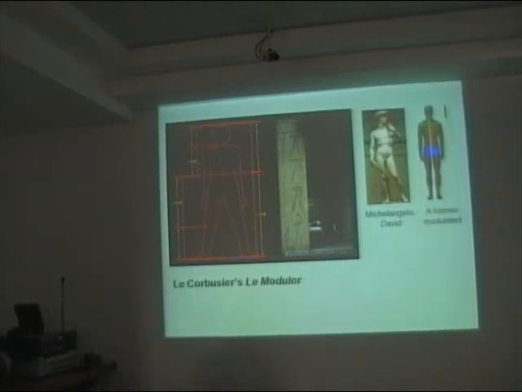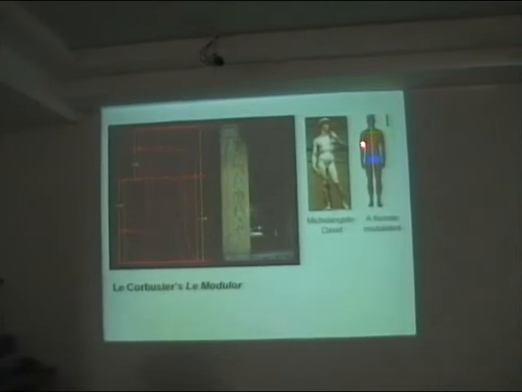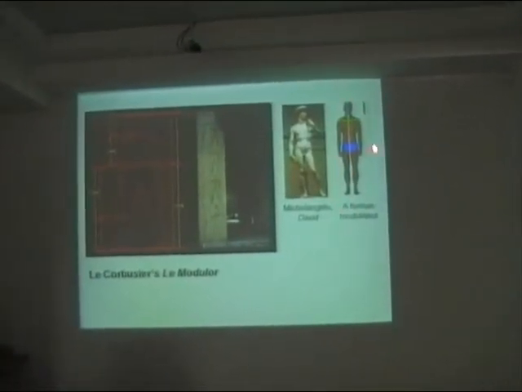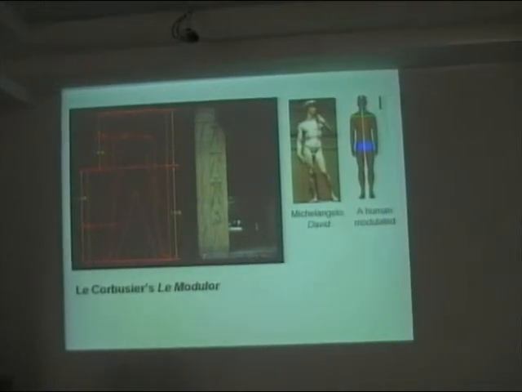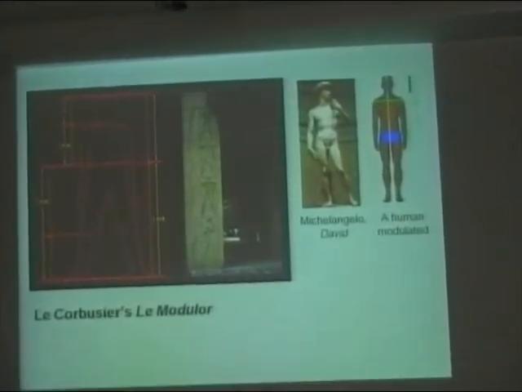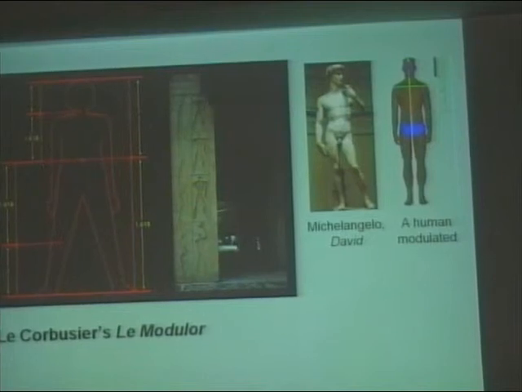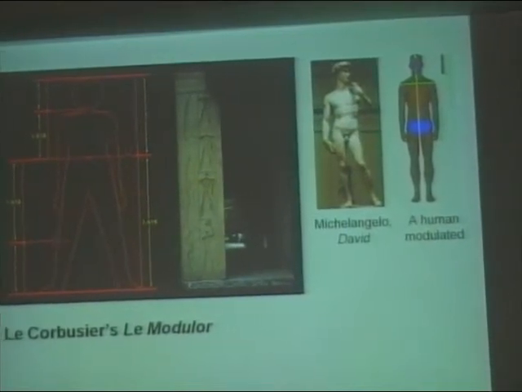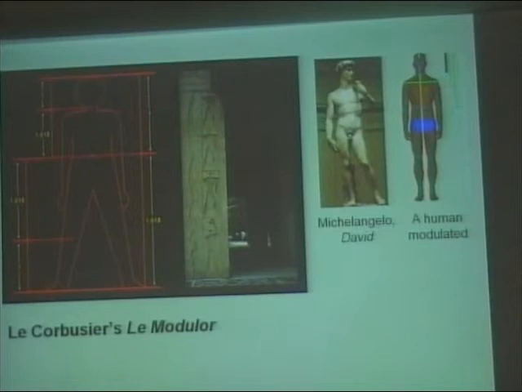Michelangelo's David, I have put here beside a picture of a human being divided according to Le Corbusier's golden ratio proportions. And in fact, that's the way we are. So the human body demonstrates the golden ratio. Now, obviously, we're at different heights, and there are individual variations, but that's like saying that the average Eskimo family consists of 4.5 members. It's an average, and that's what the golden ratio is in the human anatomy.